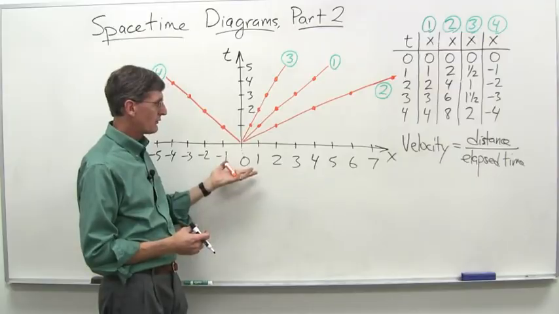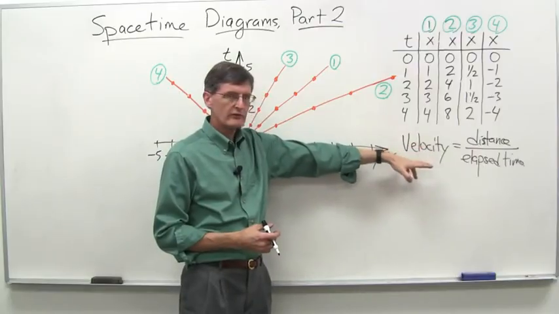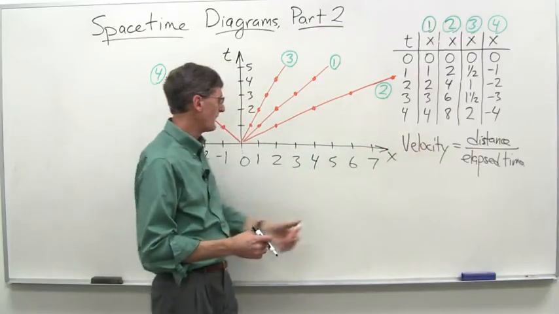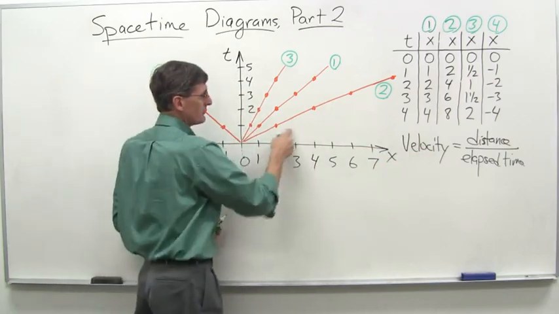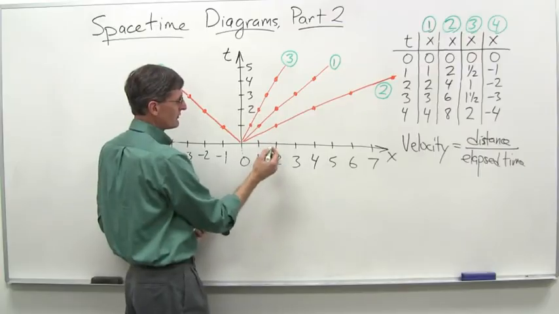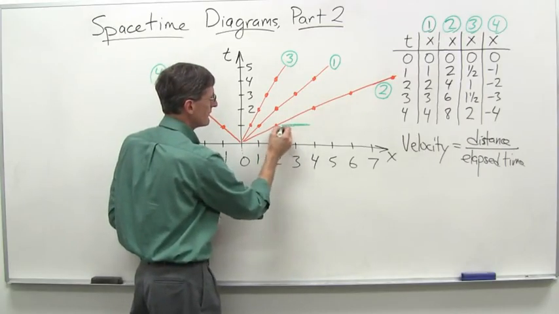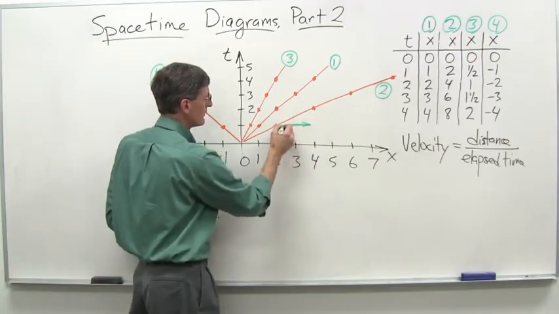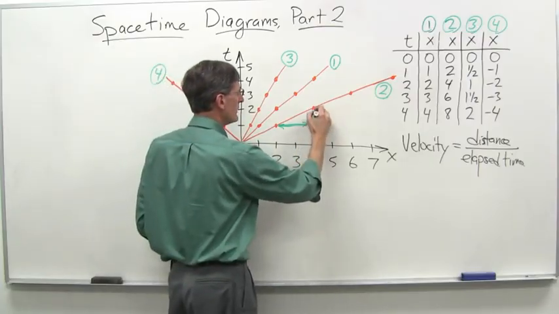But here's what we are going to do. We're saying velocity is distance divided by time, essentially. So let's look at this example right here, number 2. So there's the distance traveled, from here to here, and here's the time.